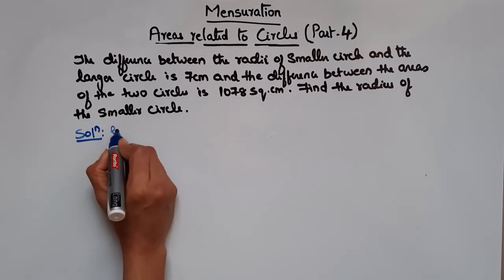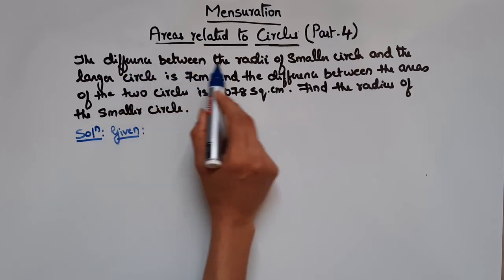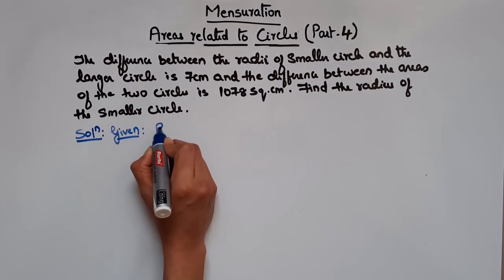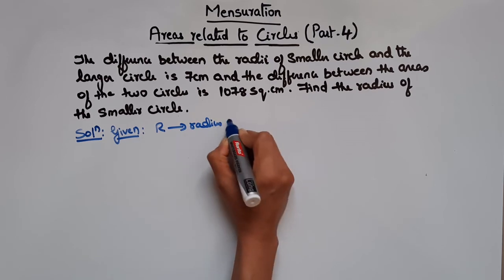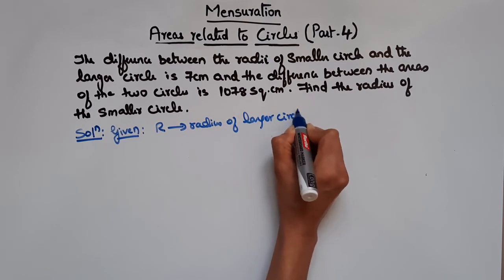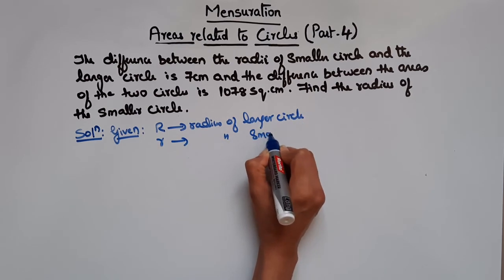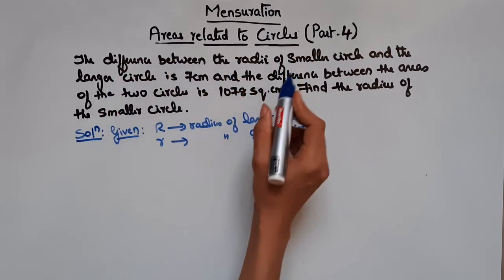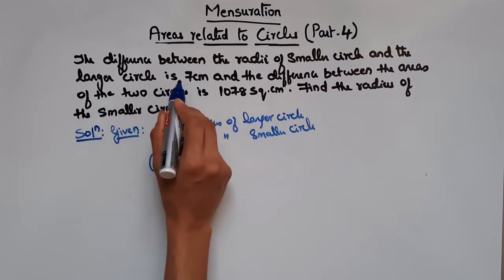So first let's write what is given. Given here is the difference between the radii of the smaller circle and the larger circle. Say we take capital R as the radius of the larger circle, and small r as the radius of the smaller circle. So the difference between the radii, that means R minus r, is given as 7 cm.